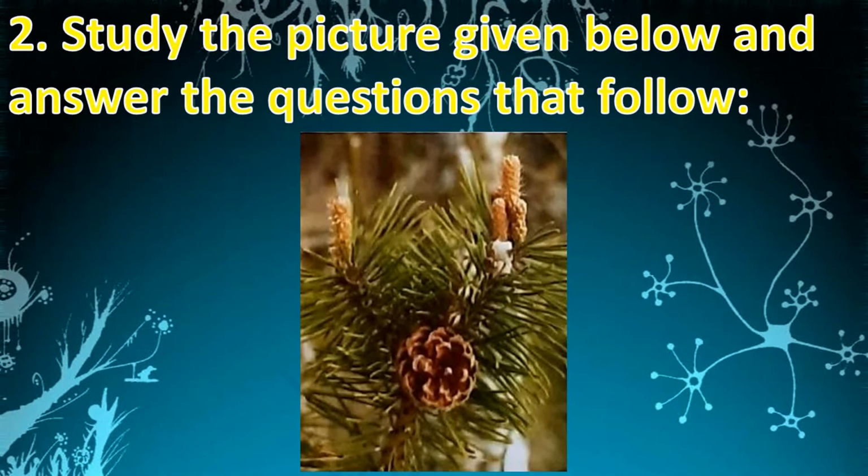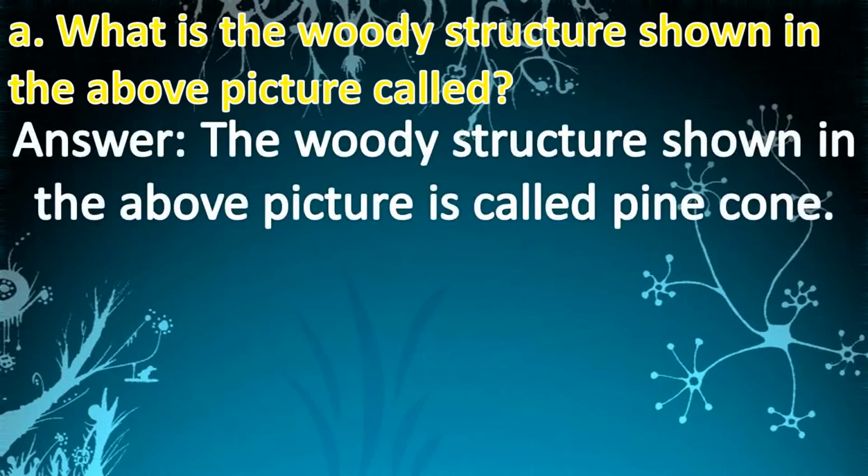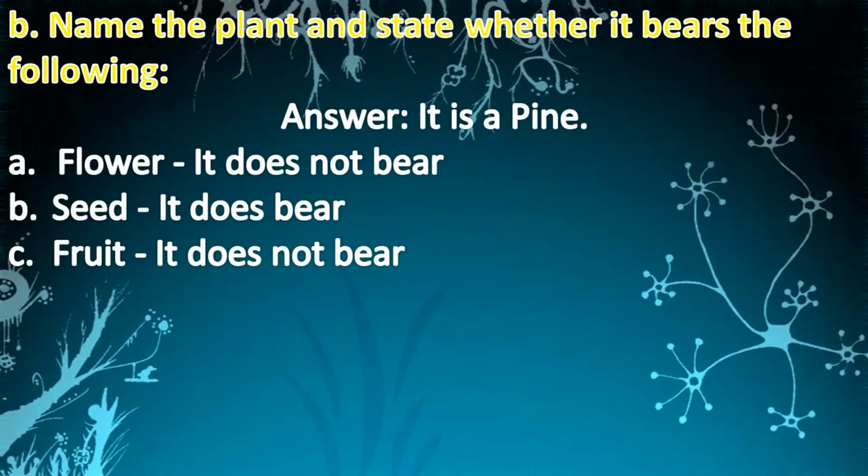Study the picture given below and answer the questions that follow. What is the woody structure shown in the above picture called? Answer is: the woody structure shown in the above picture is called pine cone. Next question. Name the plant and state whether it bears the following. Answer: it's a pine.